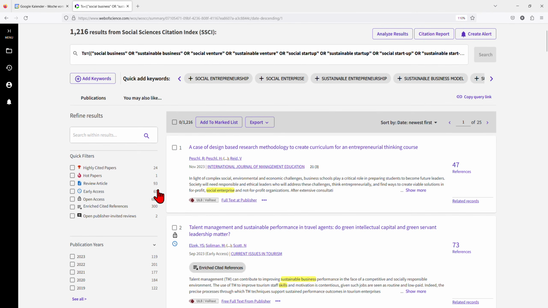I usually advise my students not to refine by publication year, only if the publication year is relevant in terms of that it somehow influences the topic of what you want to know, the topic of your search. Then restricting the publication years might be helpful.